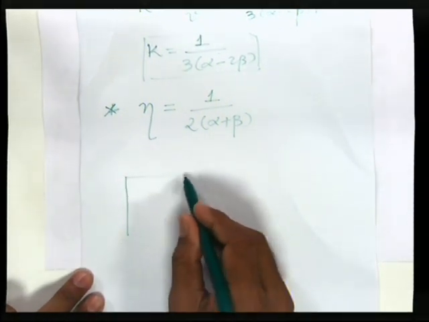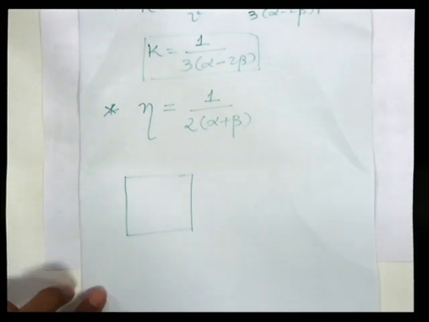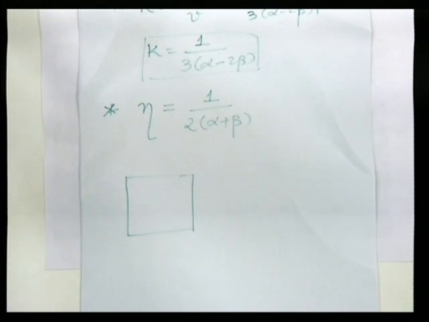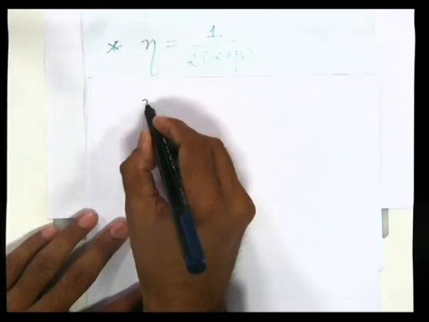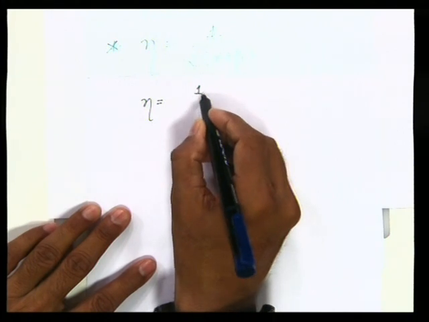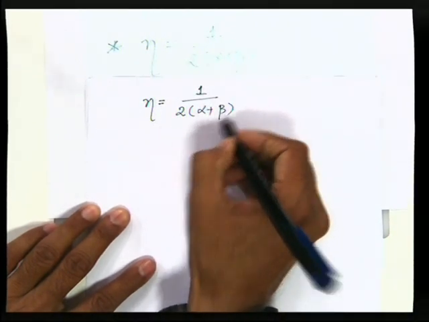Say here, this is a cube. Now let us derive this relation eta equal to 1 divided by 2 alpha plus beta.